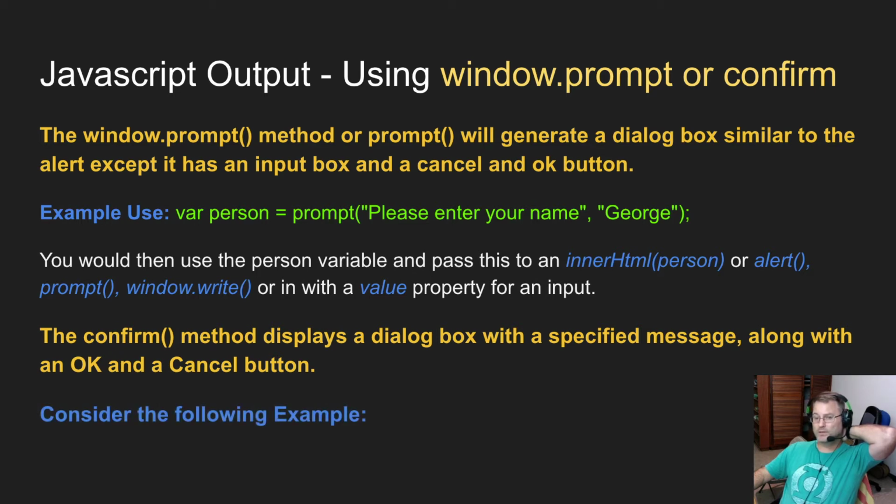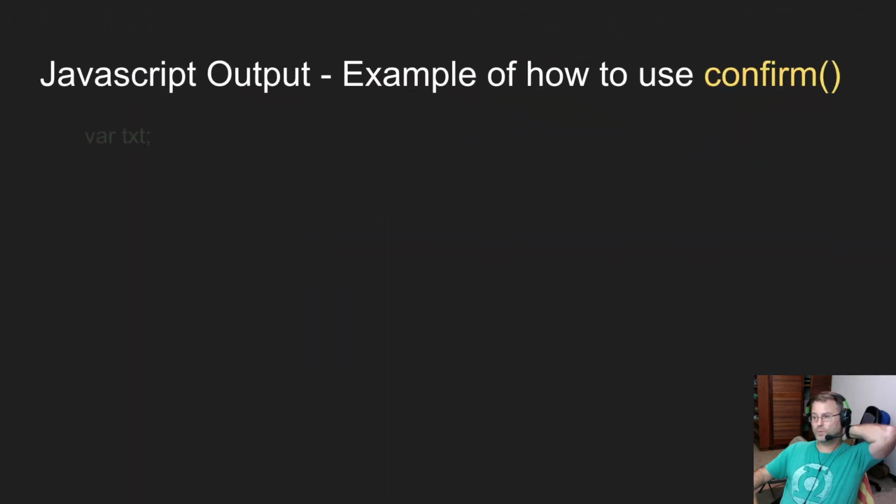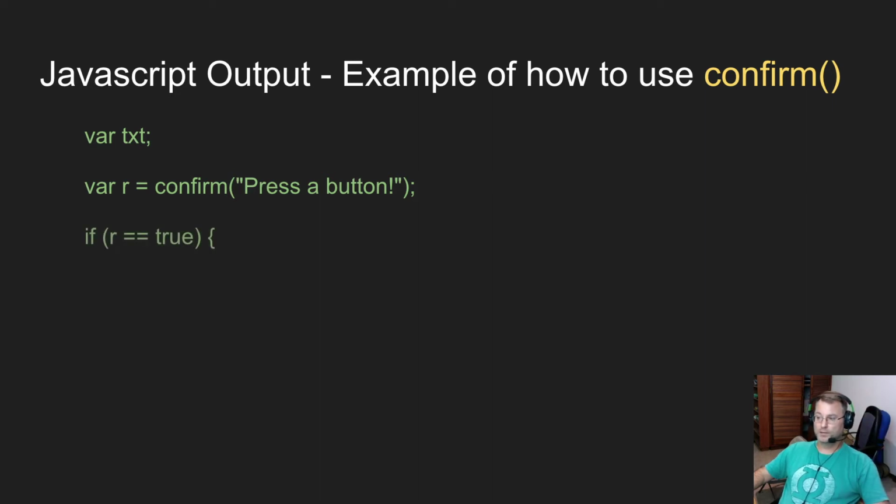So I want you to consider the following code here. We have a var text, and we have the method confirm. We're assigning it to a variable called r, and inside the confirm is some text, okay? This could be a question, it could be whatever that you want to have answered.